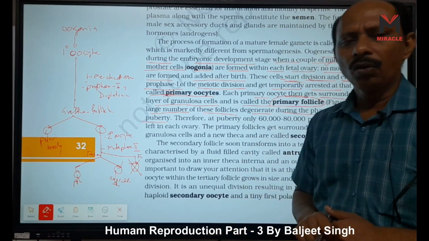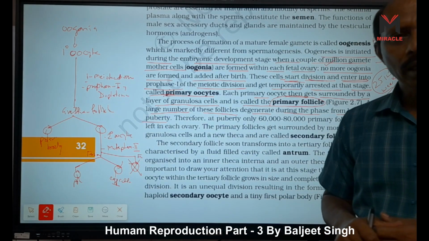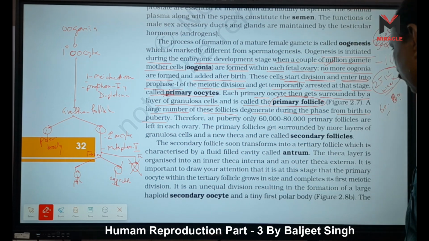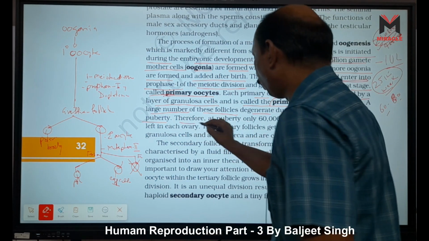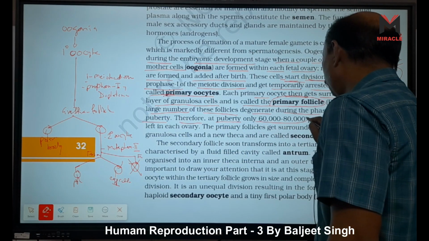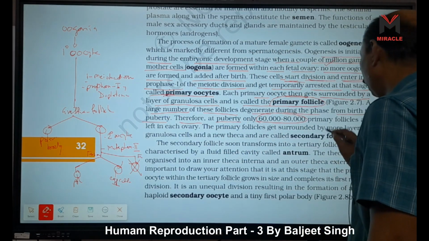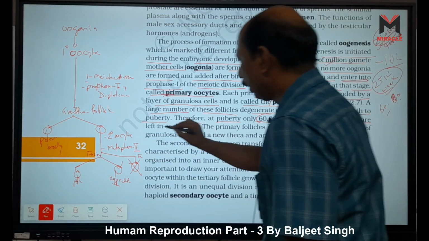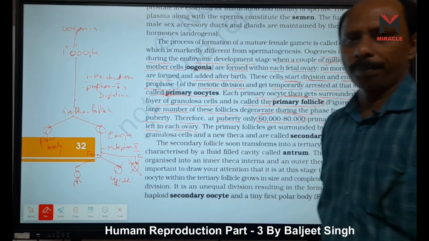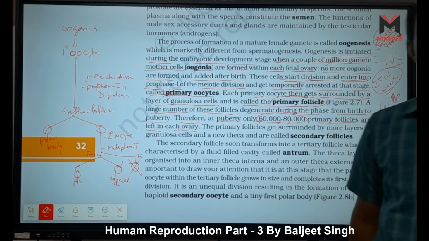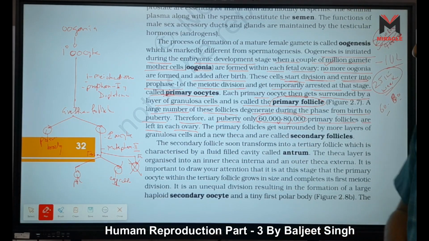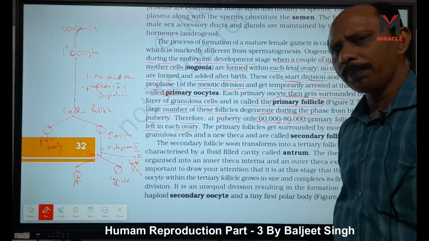And this is called follicular atresia. Therefore, at puberty, only 60,000 to 80,000 primary follicles are left in each ovary. How many? 60 to 80. That means in both, 120 to 160 thousand primary follicles are present.